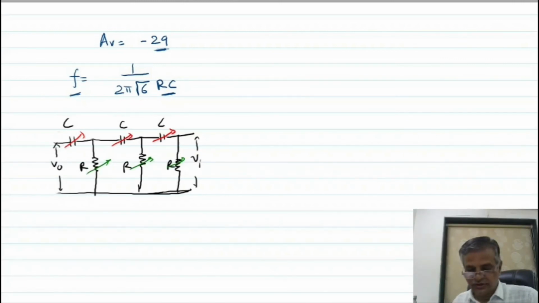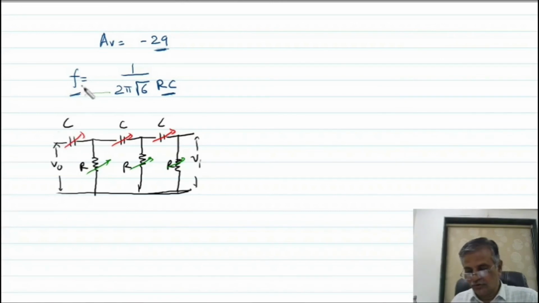Because you derived this equation for the identical RC network. Now suppose somebody asks, can we change the output frequency by changing only one capacitor? You can get a different frequency at the output, but you cannot use this equation to calculate the frequency, because this frequency was derived for an identical RC network.